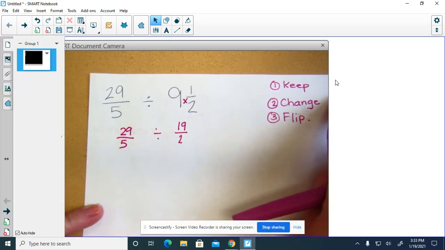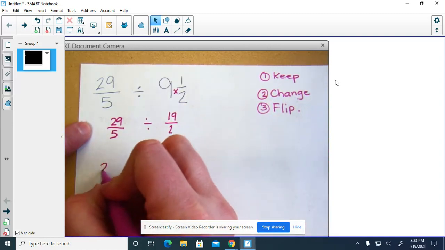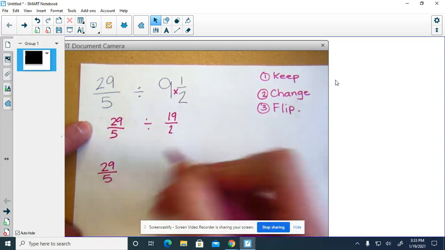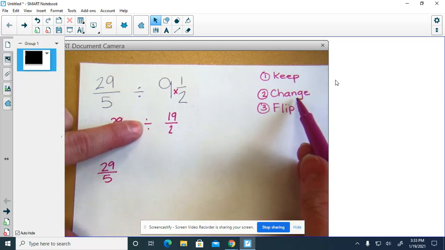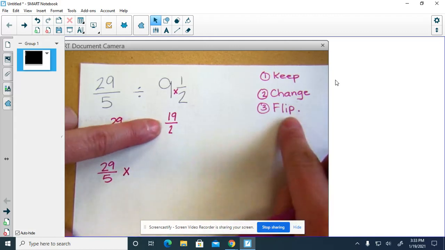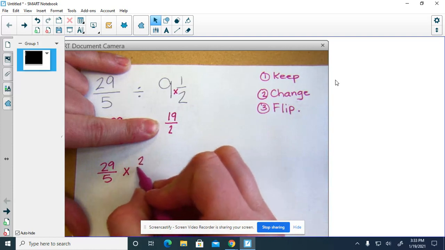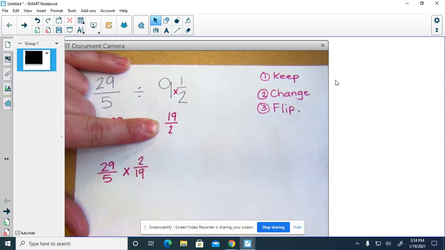The first one is to keep. I'm going to keep my first number. So I have 29 fifths. I'm going to change my division sign to a multiplication sign. And then I'm going to flip this last fraction to get 2 over 19.